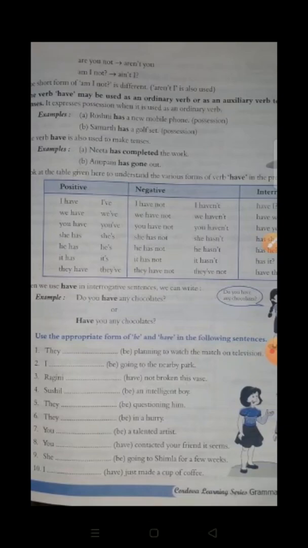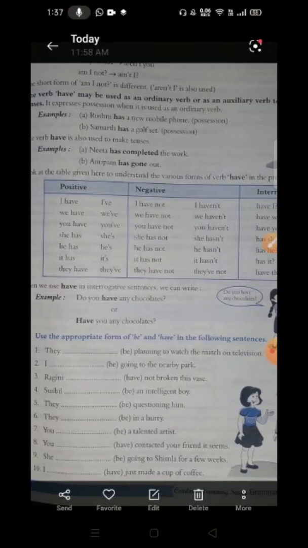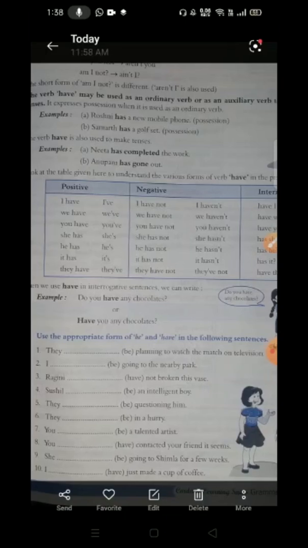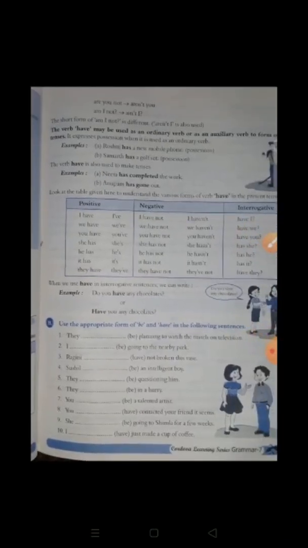So they are planning to watch the match on television. I dash going to the nearby park. I means me, only one person, and be form comes. Always remember is, am, are, was. So here I means I am. This you are going to solve on your own. Please do refer to the tables given here.